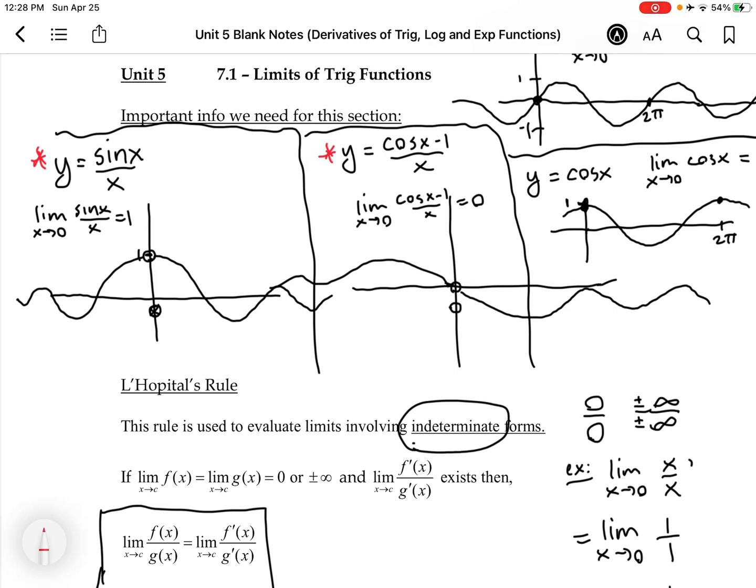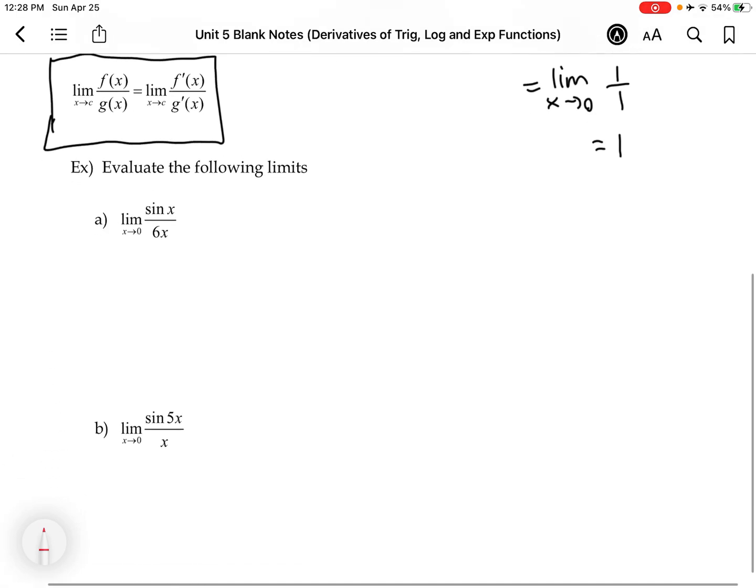If we don't remember that, then we can use L'Hopital's rule. And of course, we can do it both ways. Now, what I'm going to show you as we go through these is how to do it both ways.